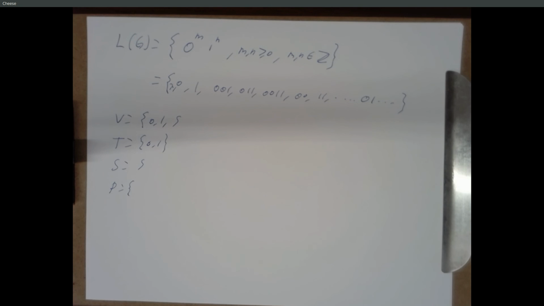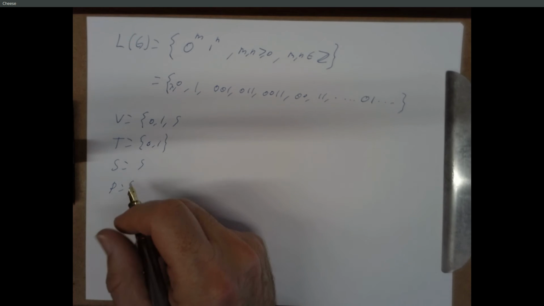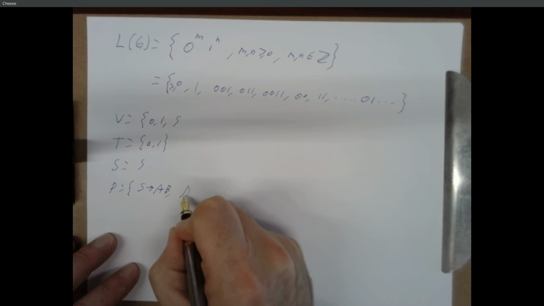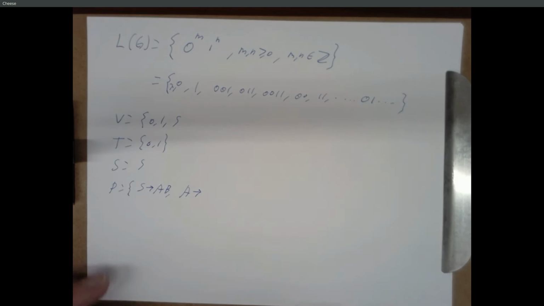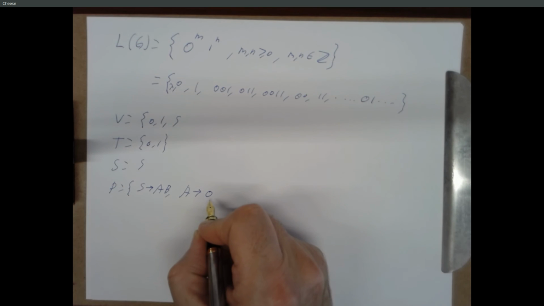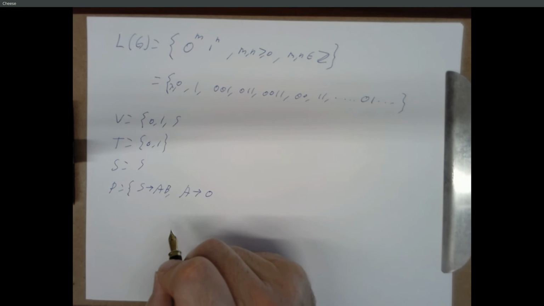You can have S go into two variables like A and B, which separately can go into something. A can go into zeros, and A can also go into nothing.